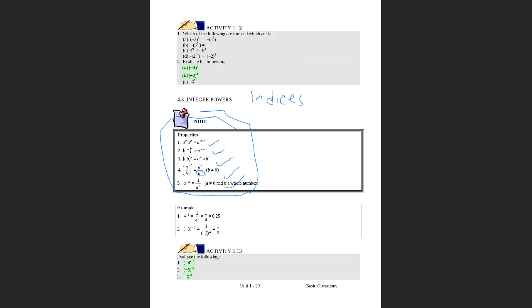Looking at number 4, what if it was a over b to the power negative n? Can that be changed to b over a?